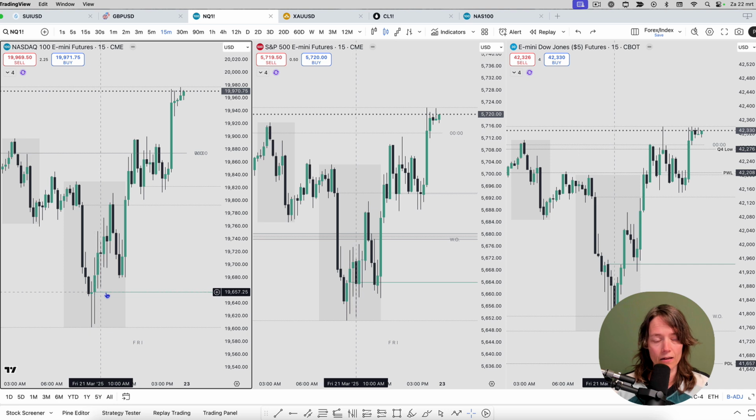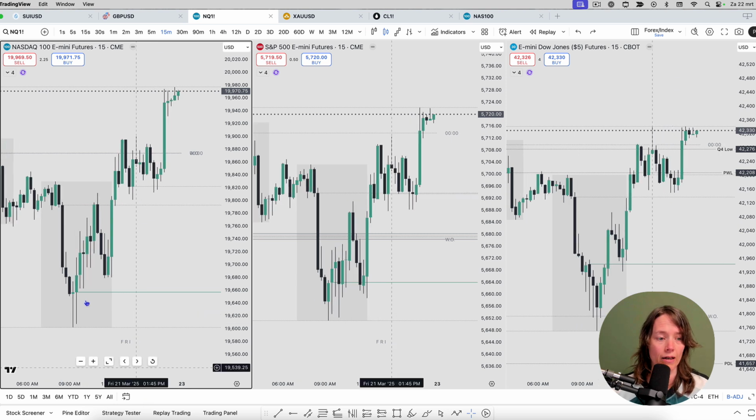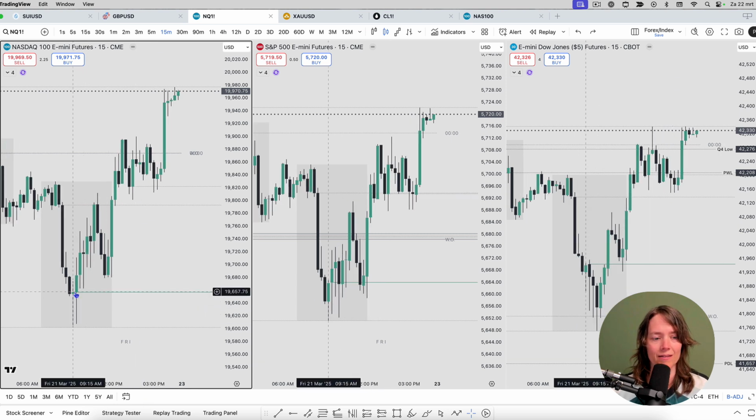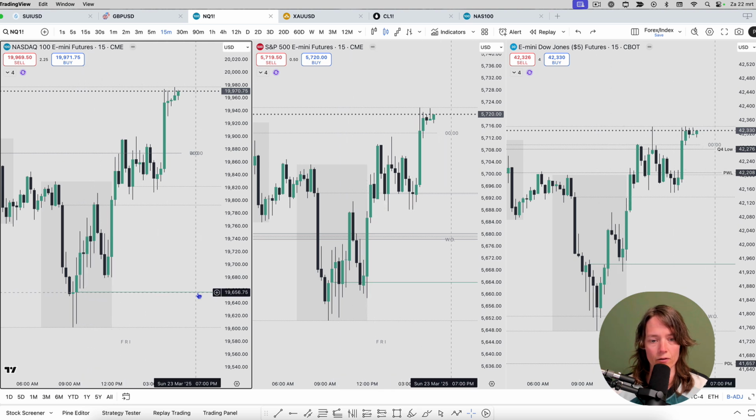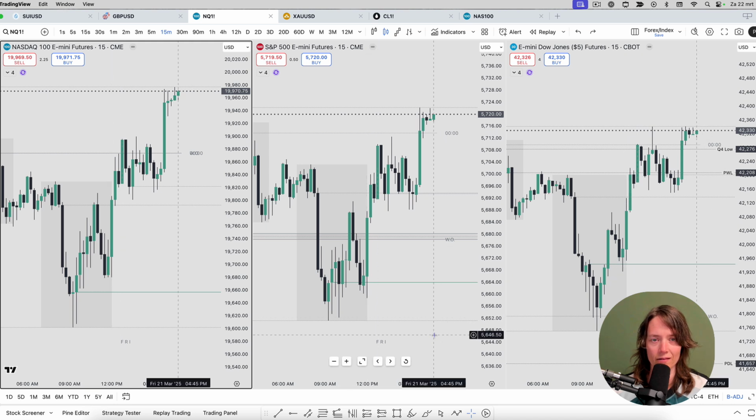This green line is the New York opening price. So 9:30, when the opening bell is there, that is where it opens. And if you extend that price level to the right, you get the green line. So on NASDAQ, the green line, on ES, the green line, and on the Dow, the green line. And what do you see?